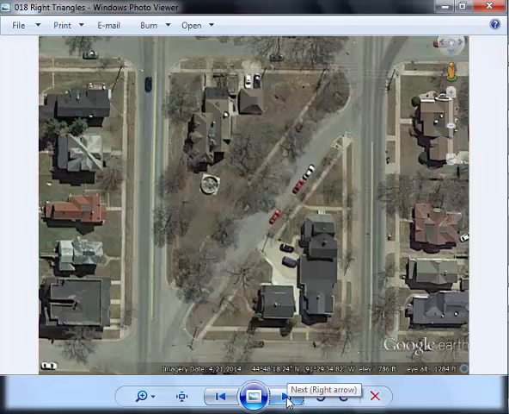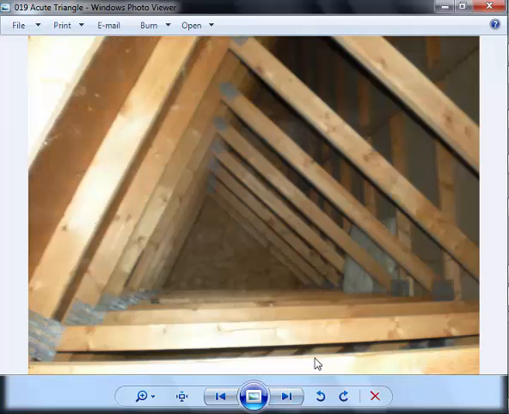Finally, I'm going to flip this over so that you can see. Here's the ceiling of my garage, and then here is another obtuse triangle that makes up the rafters of my garage. Here's two right triangles across from each other. And here is the last remaining part of my roof trusses.